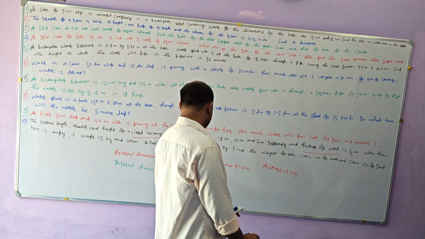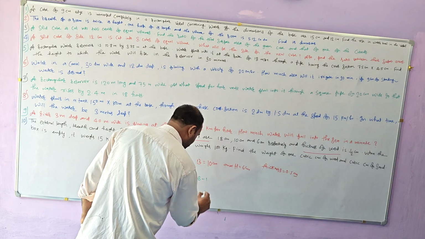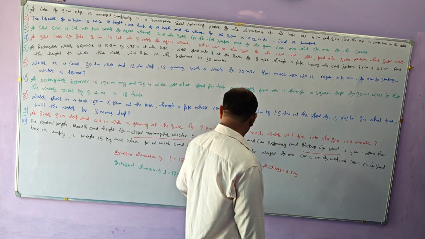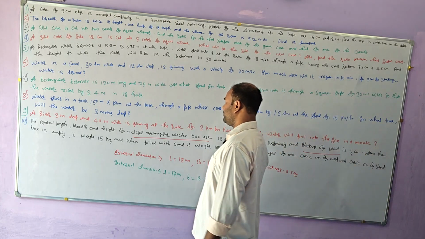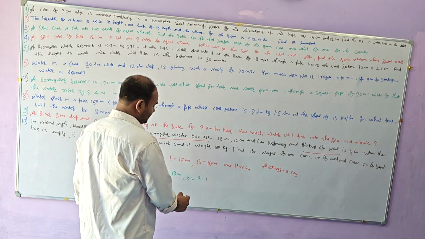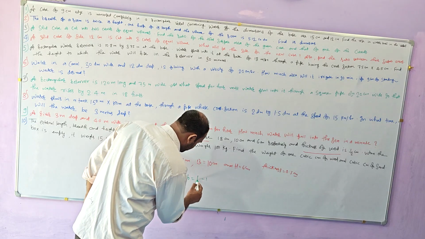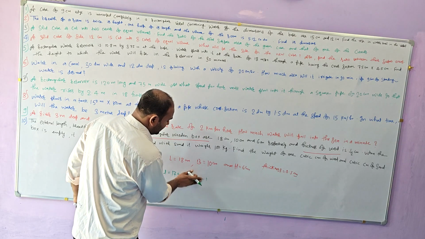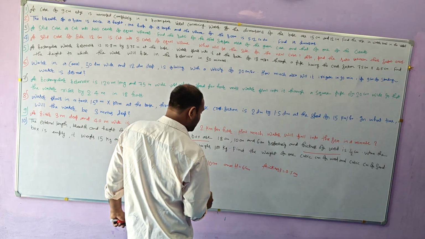Similarly, B becomes B minus 1, there are 2 bases, so 2 into 0.5 becomes 1, and B is 10, so 10 minus 1 becomes 9.